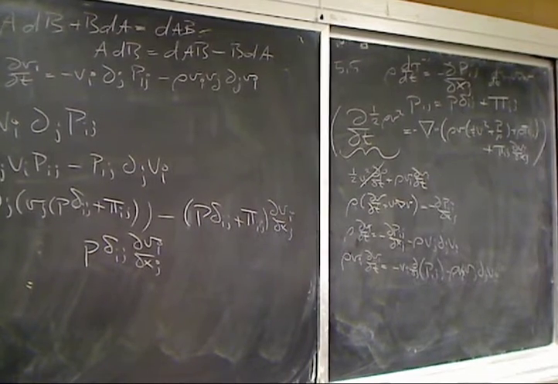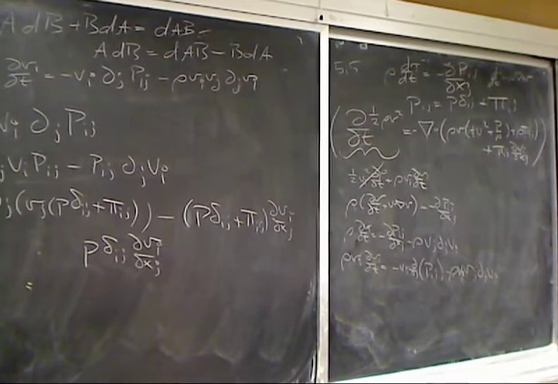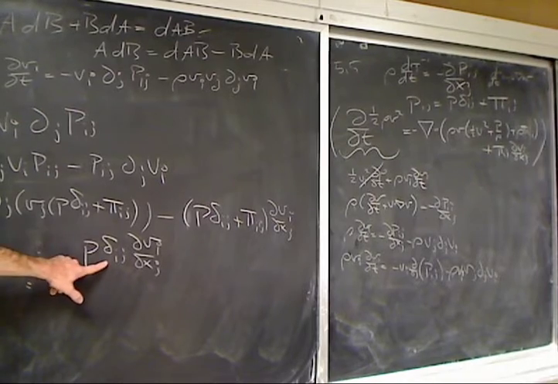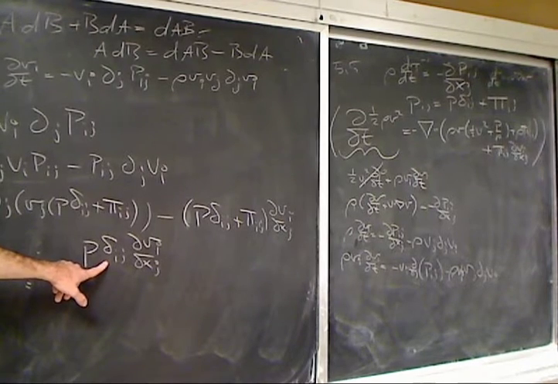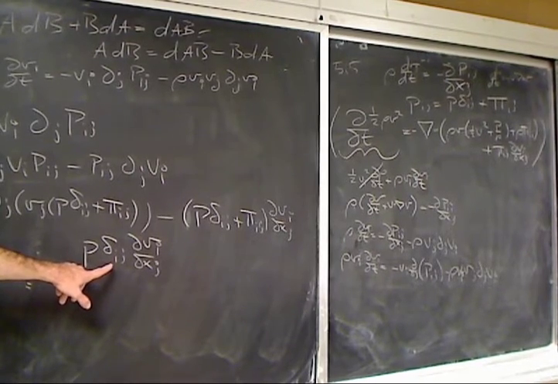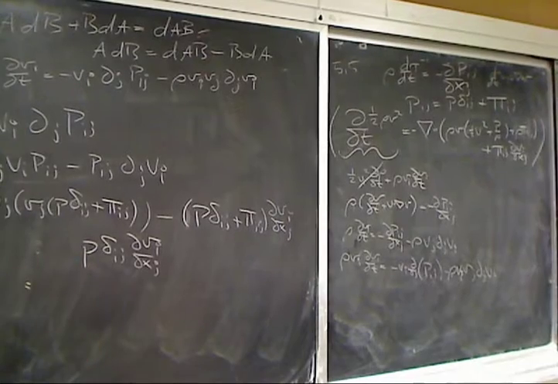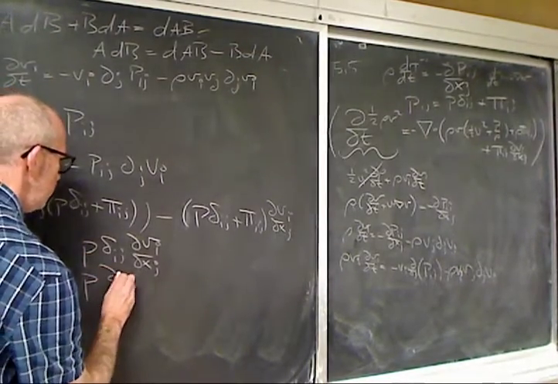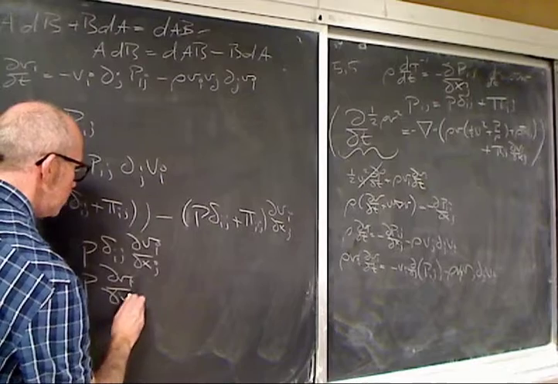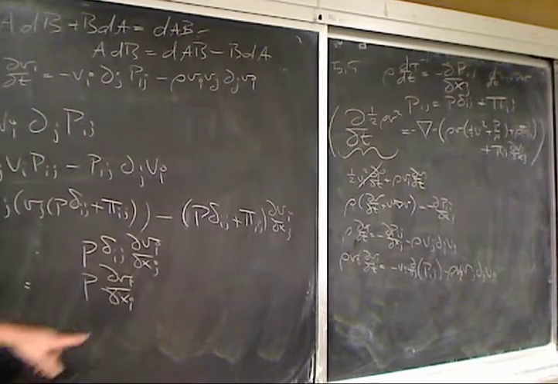But what does this δij do? I equals j. So it just makes i equal to j because it kills everything else in the term. So I've got these 9 terms, 6 of them get killed, and I'm just left with i equals j. So this term just becomes p ∂vi/∂xi. And what's that?